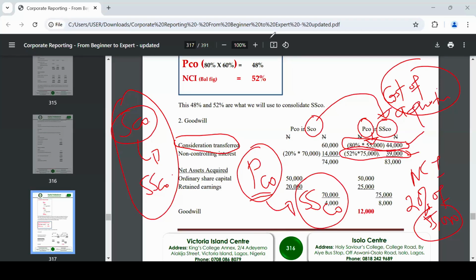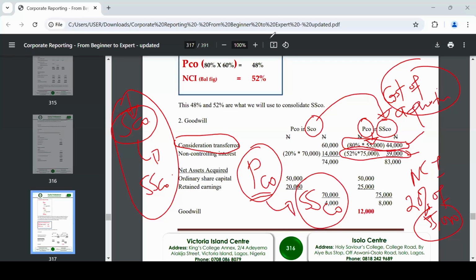Okay, we left this scenario and then we now consider the scenario where PICO does not only have indirect interest. Indirect is this case where we have mentioned that PICO only has an interest in SSCO because they are owners of ESCO. We could also have a case where the parent has a direct interest in the subsidiary.